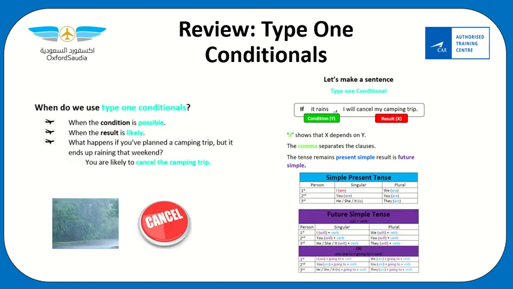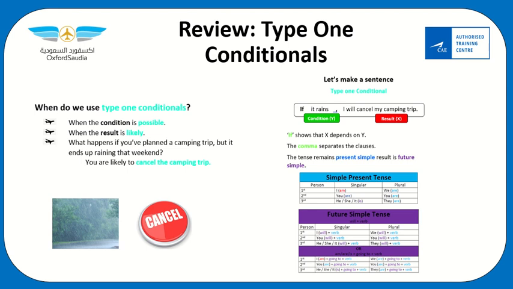The type 1 conditional. Do you remember doing the type 1 conditional? Okay. We use the type 1 conditional when the condition is possible, when the result is likely. What happens if you planned a camping trip but it ends up raining that weekend? You are likely to cancel the camping trip.